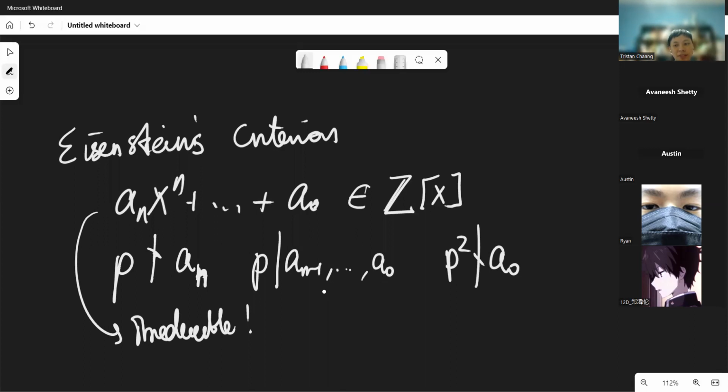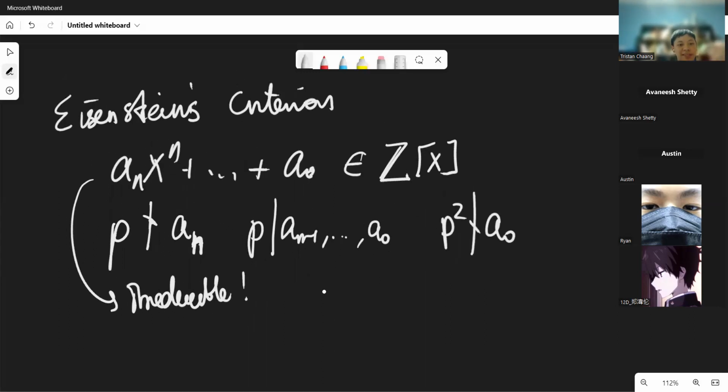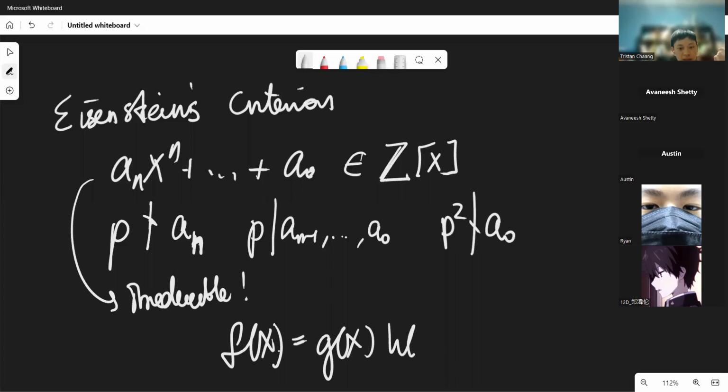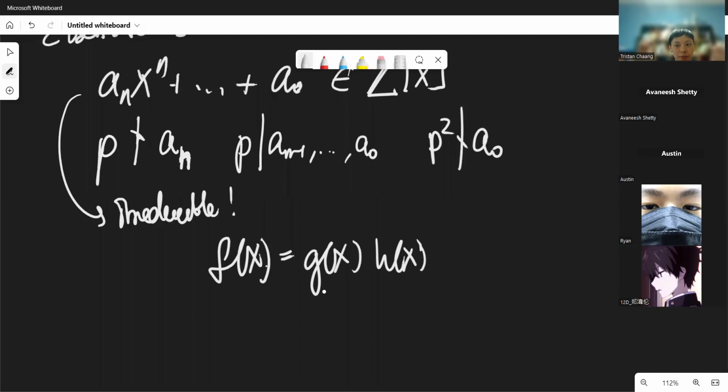Well, given the conditions here, you can probably see how simple this polynomial would become after taking mod p, right? So let's say that f(x) is g(x) times h(x). All of these are integer polynomials. We haven't brought them into mod p yet. If we bring them into mod p, what does f(x) become?